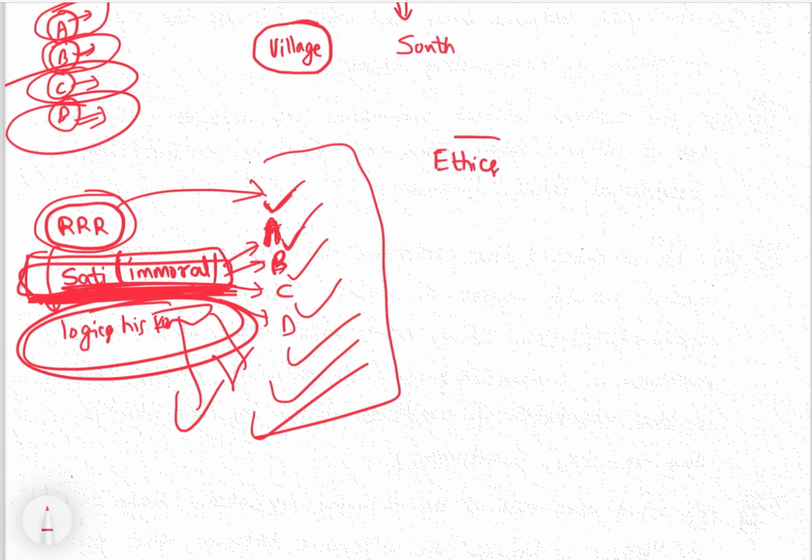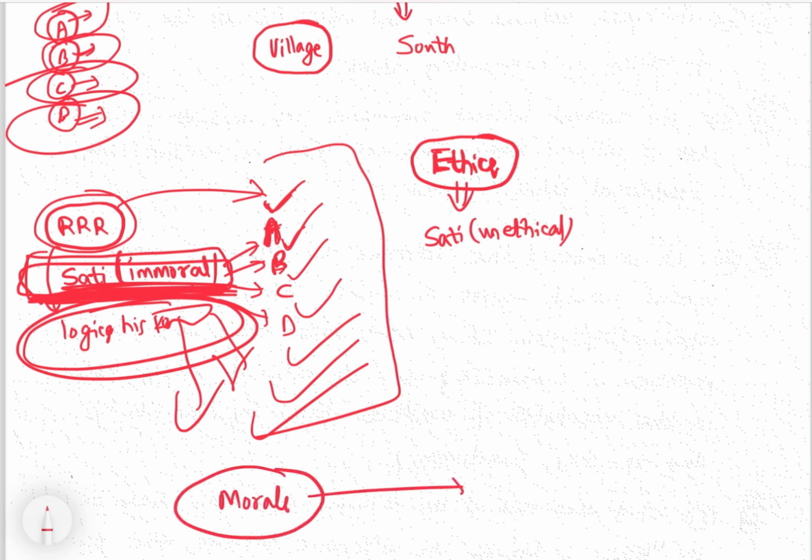He convinced everyone in society that sati is immoral. Then sati became unethical. So the connection is, once we have morals, from morals we get to ethics.